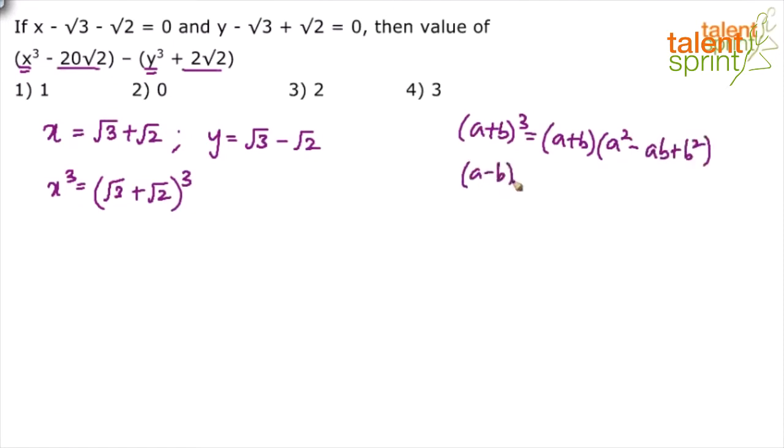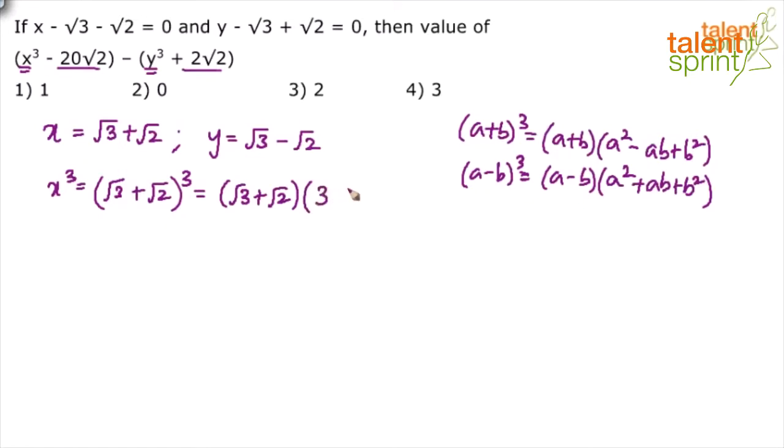Similarly, a minus b whole cube will be equal to a minus b into a squared plus ab plus b squared. So try to expand that. What is a in our case? Root 3. So a plus b into a squared: root 3 squared is 3, minus root 3 into root 2 is root 6, plus b squared is 2.